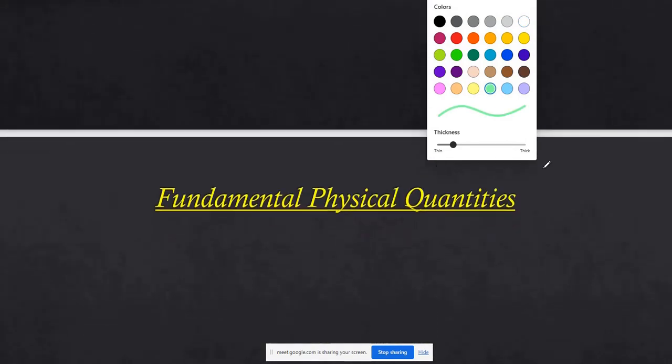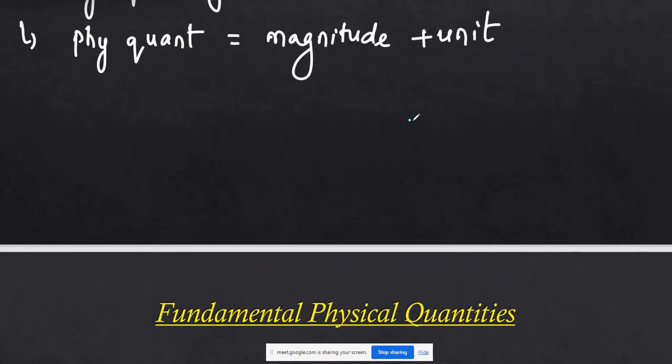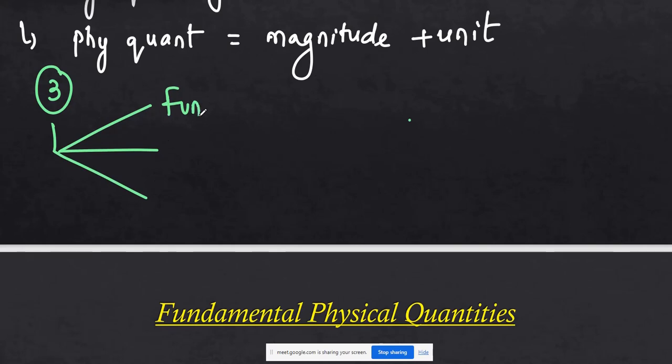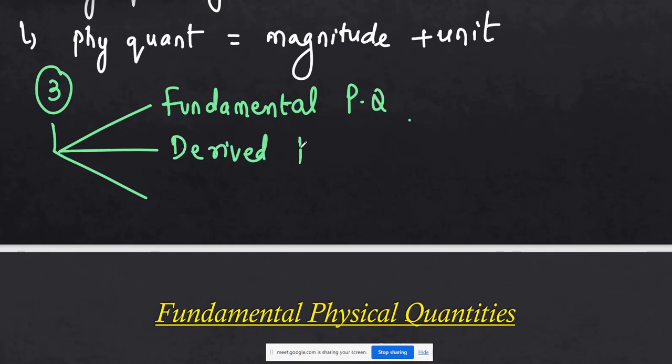If there is any doubt, let me know, Sahiti. There are three types of physical quantities basically. Number one, fundamental physical quantities, I'll write it as PQ. Derived physical quantities and supplementary physical quantities.